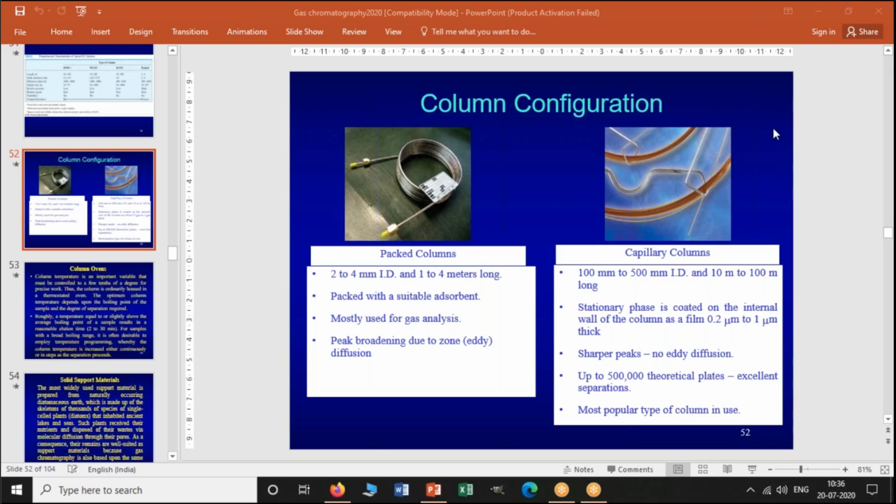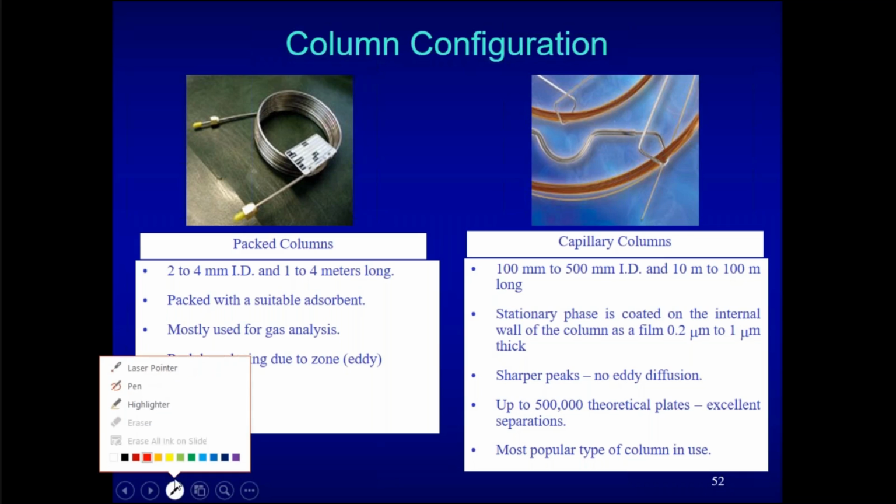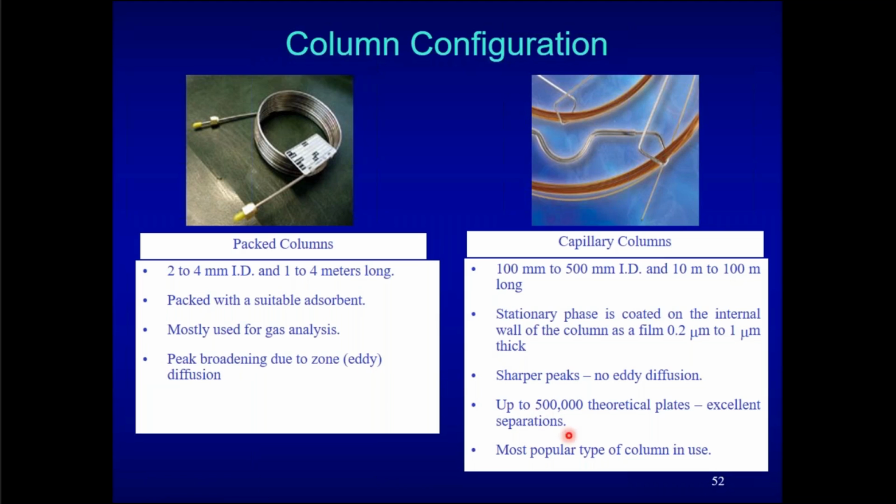And lastly, we saw this slide last time, that is a comparison between the packed columns and the capillary columns. So from this comparison, you could easily make out that capillary columns give you much better separation. As you can see here, you get much sharper peaks, and also the number of theoretical plates is much greater in case of capillary columns.